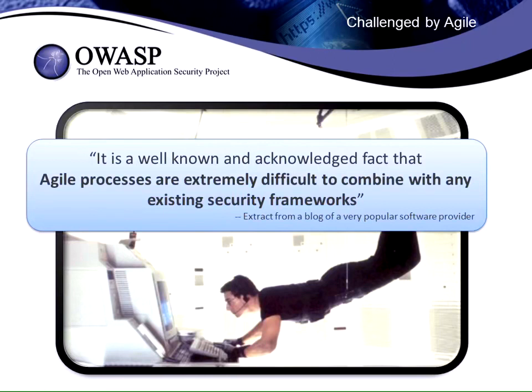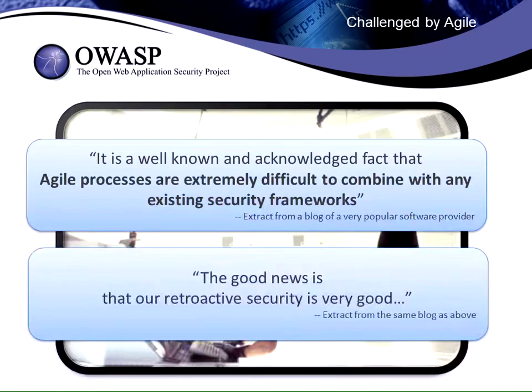It says, it is a well known and acknowledged fact that Agile processes are extremely difficult to combine with any existing security frameworks. And when you keep reading on the blog, you find this additional sentence that says, the good news is that our retroactive security is very good.